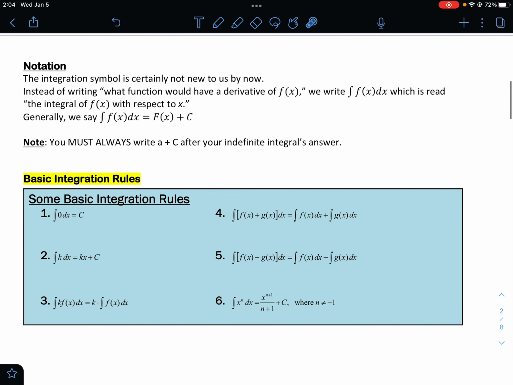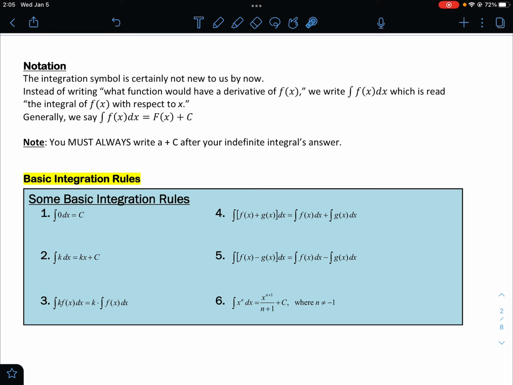The integration symbol is certainly not new to us at this point. We've been using it for a few weeks. Instead of writing what function would have a derivative of f of x, we write an integral symbol of f of x dx, which we've been reading as the integral of f of x with respect to x. What's different about indefinite integrals is that we don't put bounds on the top and bottom of the integral symbol.